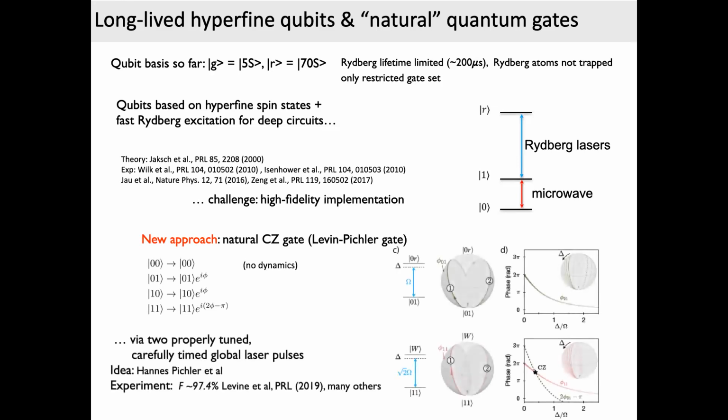I'm not going to go into details, but essentially this involves a choreography on a Bloch sphere such that, after the excitation, for all of these initial states the atoms always come back, but in this one case they acquire a conditional phase. I think the day they had this idea, the next day they implemented it experimentally, and it was already working with reasonably high fidelity, with an error rate of around 2.5%.